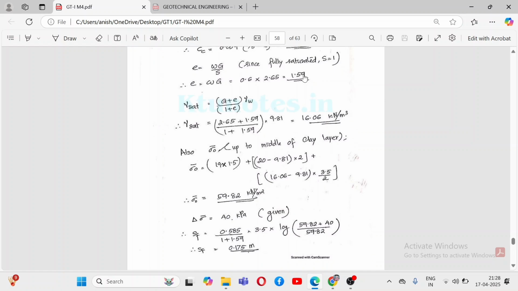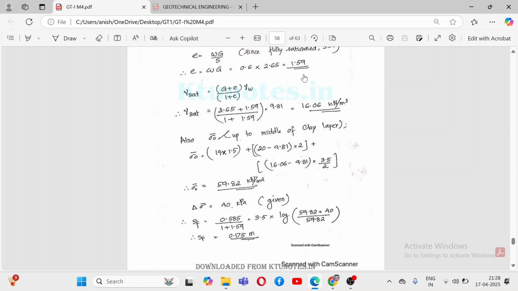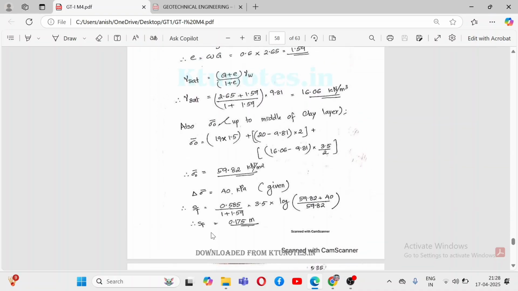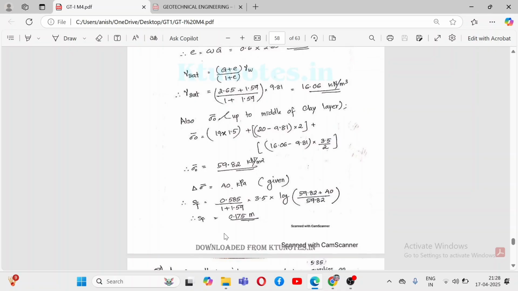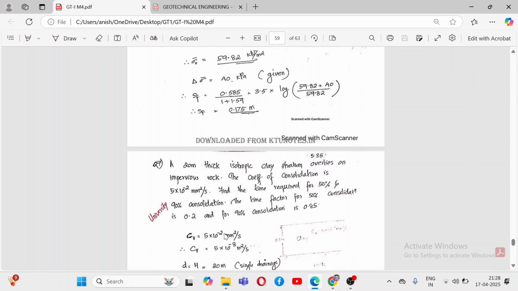As gamma sat was not given, we found it. You get the initial stress on the soil. Then you have the increase in stress, that is 40 kilopascal. You substitute it directly in the SF equation and you get SF equal to 0.175 meter.